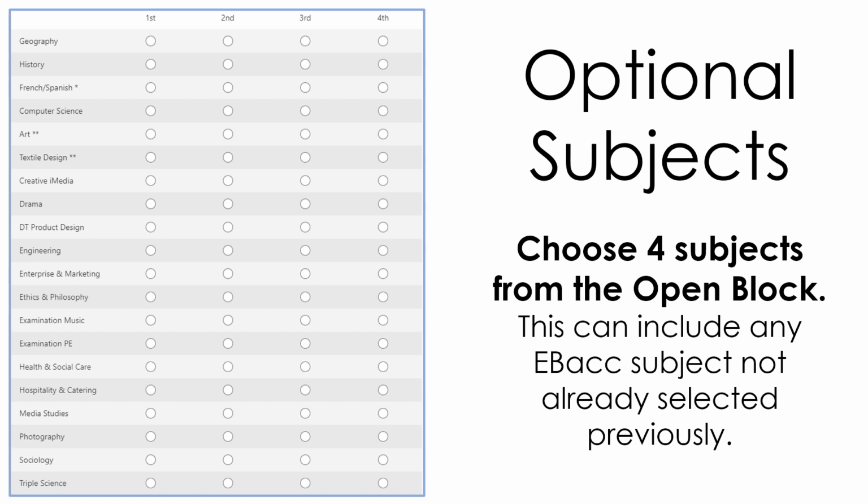They could also, if they wanted to, choose computer science. You'll see the full list of subjects here down on the left hand side, and we are asking you to select 4 more options in addition to the EBacc subject that you chose on the previous slide.